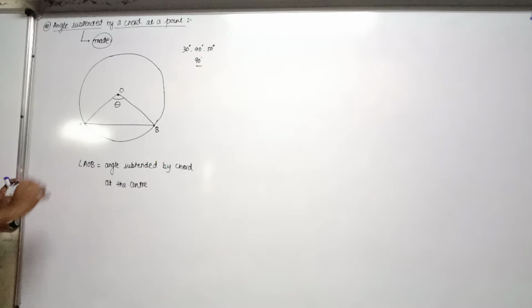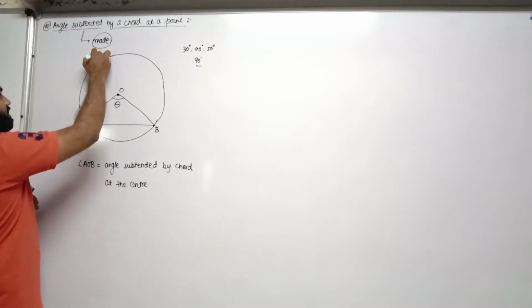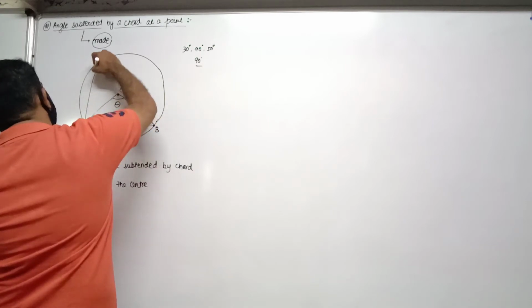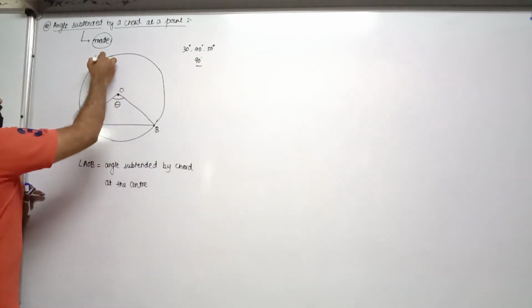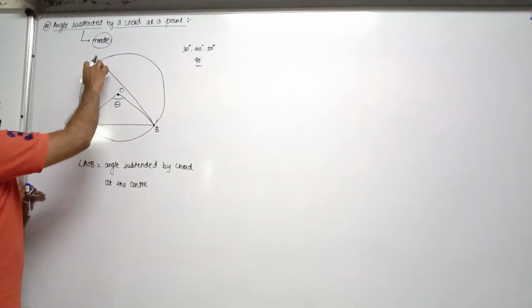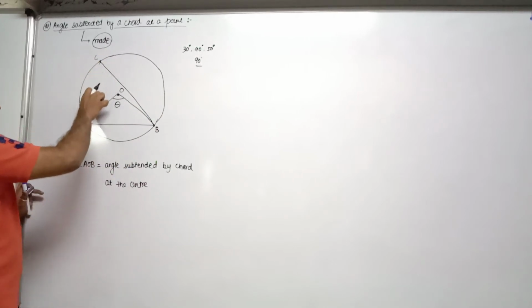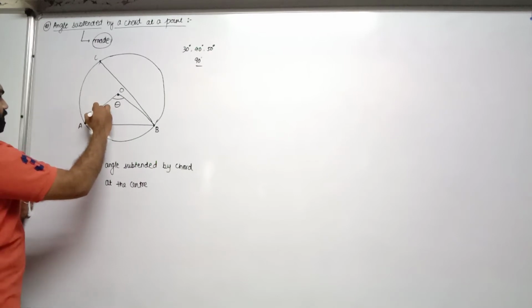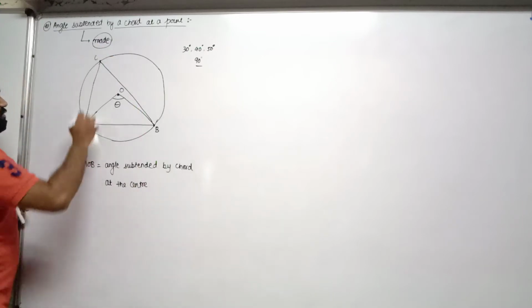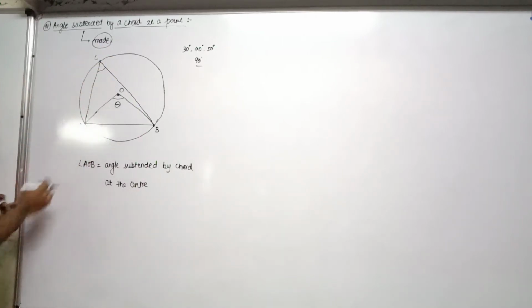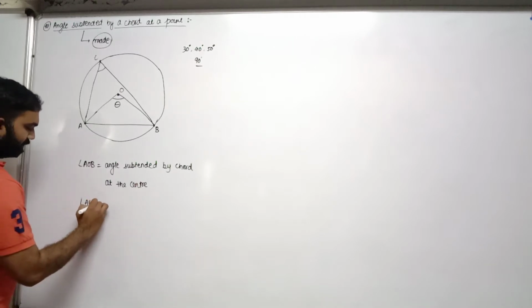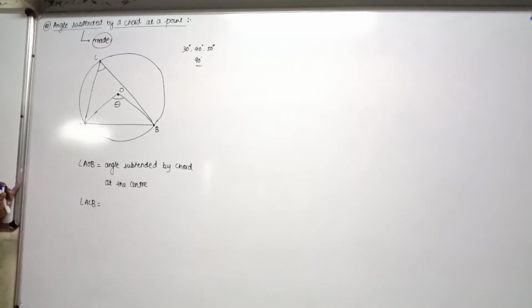Suppose I have one more point here, C, and I connect the endpoints to this point C. Assume that these lines are straight, not curved. Then what is angle ACB?